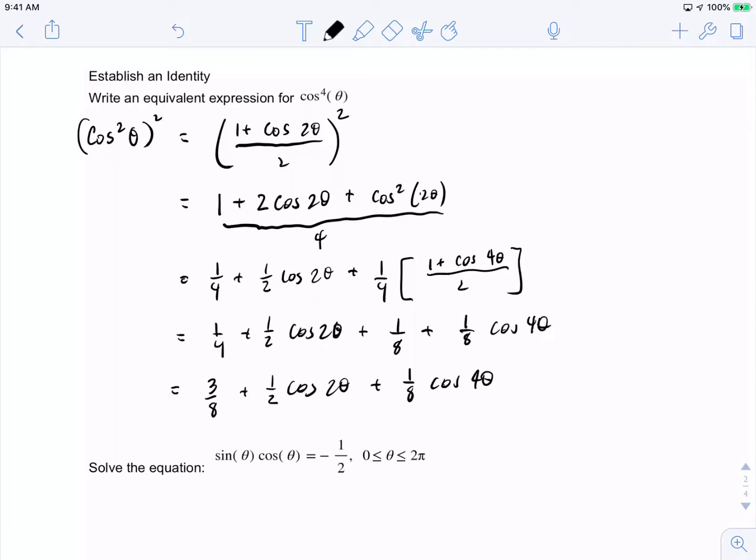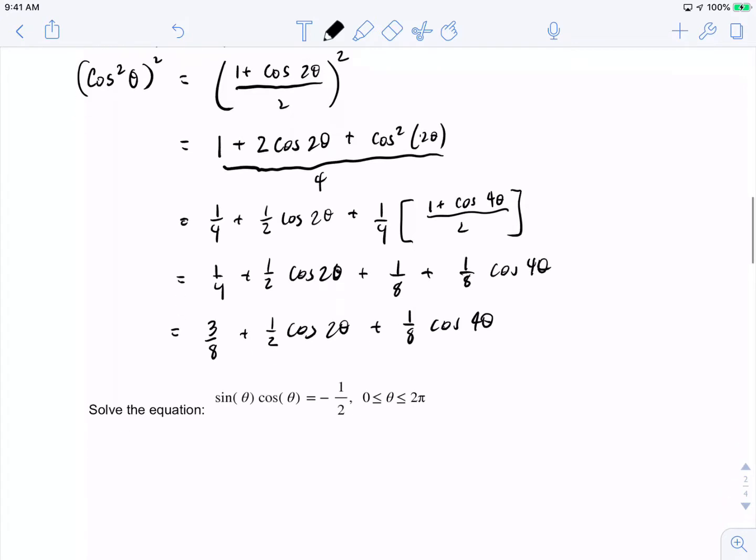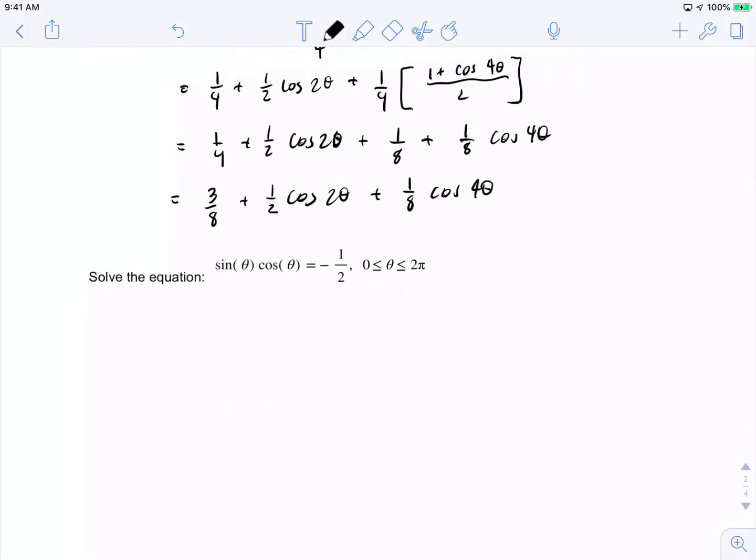All right, in our next example, we are within 1 unit circle revolution, and so we can rewrite this as sine of theta cosine theta equal to -1/2, by multiplying by 2 to both sides. Now we know that 2 sine theta cosine theta is the same as sine of 2 theta equal to -1.